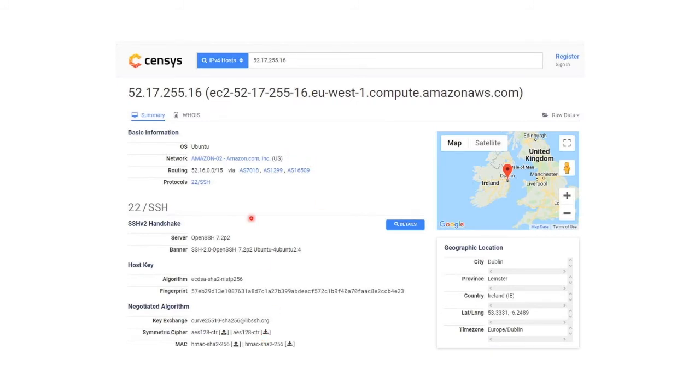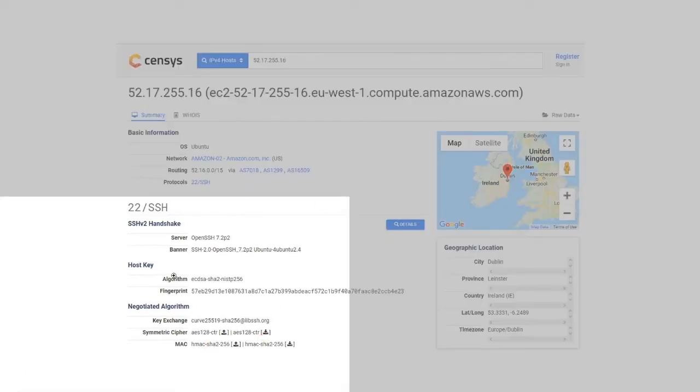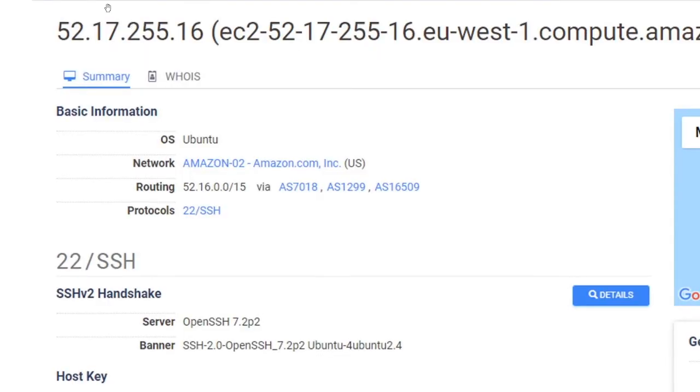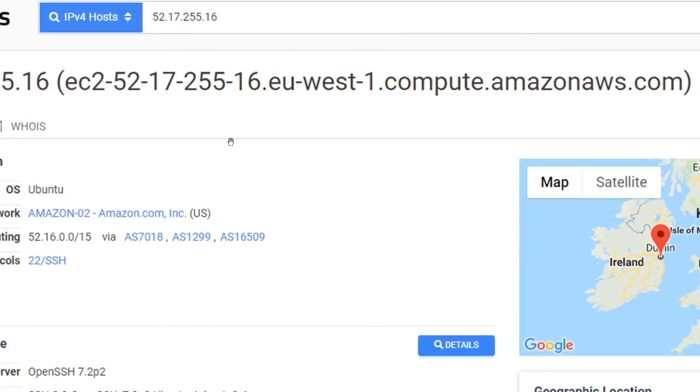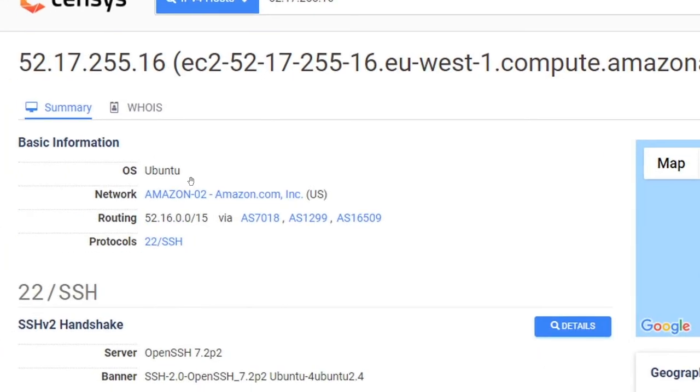And we can see here that we found an IP address. And right here, this naming convention is on Amazon Web Services. This is a server that is available because they use the term compute. And it's in Europe, in West 1, and that's their data center. And it's Ubuntu. And we can even see that you can use SSH to connect to it.